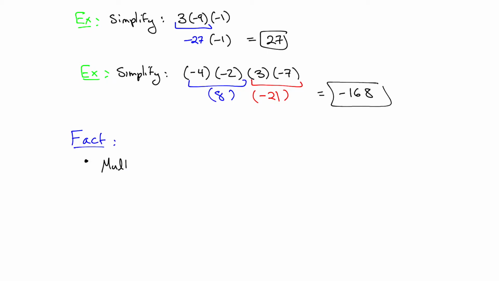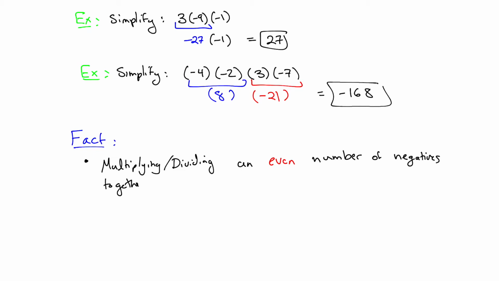Multiplying or dividing an even number of negatives together results in a positive number.